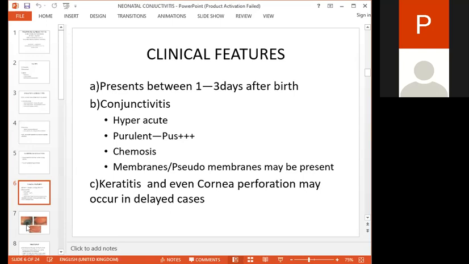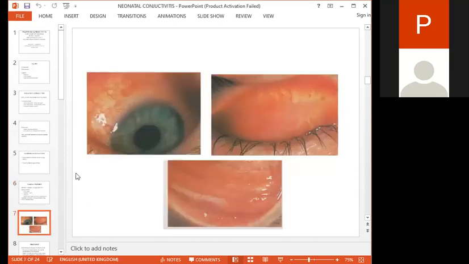Myself, I go for gentamicin, it is better to me. These are some of the pictures. You can see severely inflamed conjunctiva on the sclera, inflamed on the eyelid. All this is pus there, this whitish stuff there.